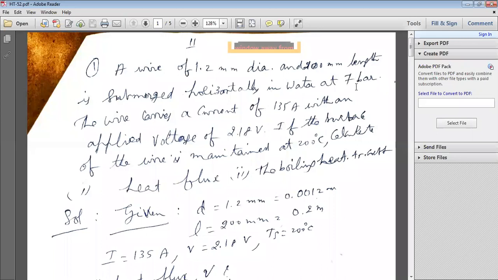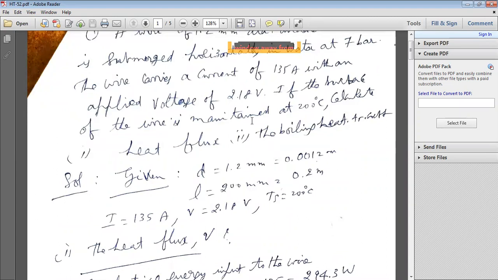And the water is at a pressure of 7 bar. The wire carries a current of 135 amperes with an applied voltage of 2.18 volts. Here we are supplying a voltage of 2.18 volts, and the current carried by the wire is 135 amperes. With the help of an electrical heater, you are heating that wire.